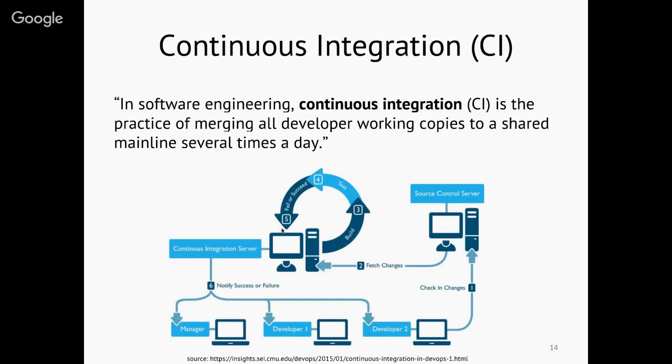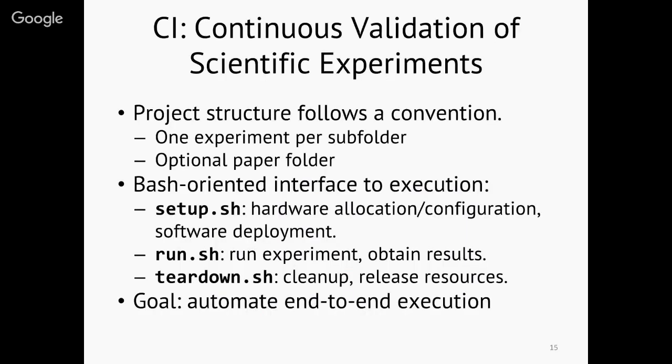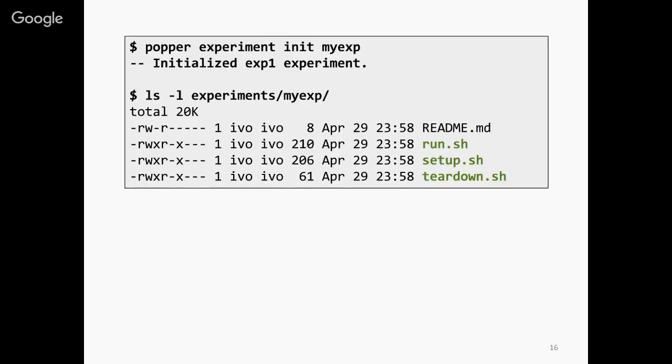In our case, we use a CI system to continuously validate scientific explorations, and we're able to do this because we have this common structure for a project that I briefly mentioned earlier. The goal is to automate the end-to-end execution of an experiment. We have a bash-oriented interface, which is these scripts that I'm showing you again here.